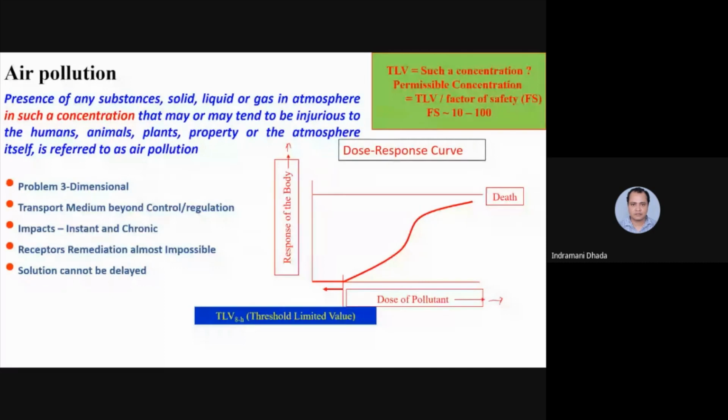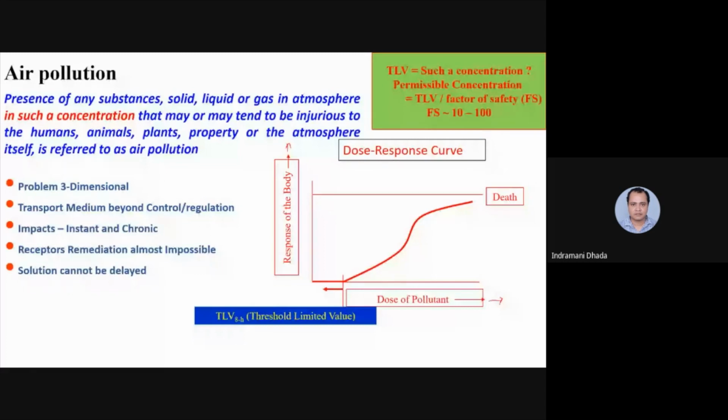Similarly, the dose may be defined based on the dose response curve, and you can see the TLV, threshold limit value. Such a concentration that we have defined is nothing but the threshold limit value. Up to what concentration we can allow the pollution to go ahead, and beyond that we should not allow.